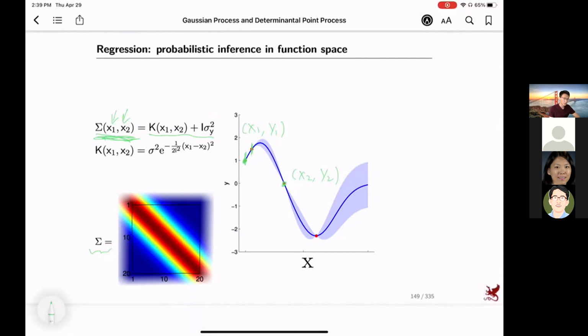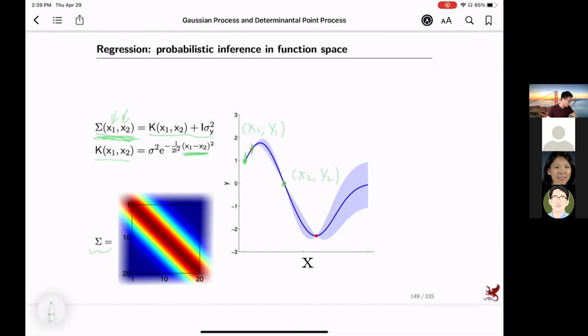Because if they're completely independent, their values would not be related. So they definitely should be related. For this particular kernel function, we determine the relationship between two points purely based on their distance.